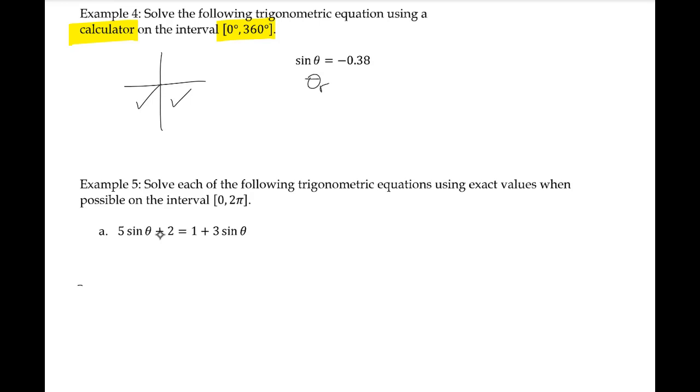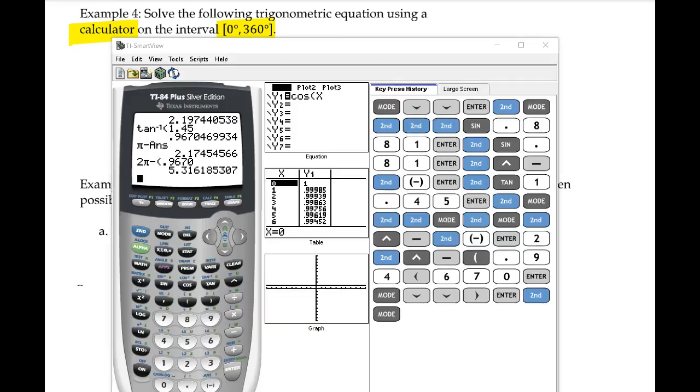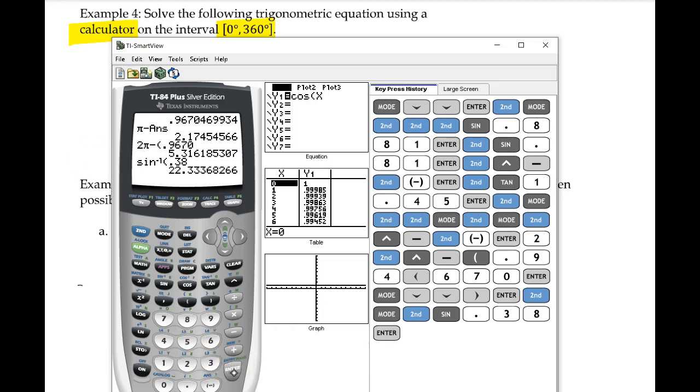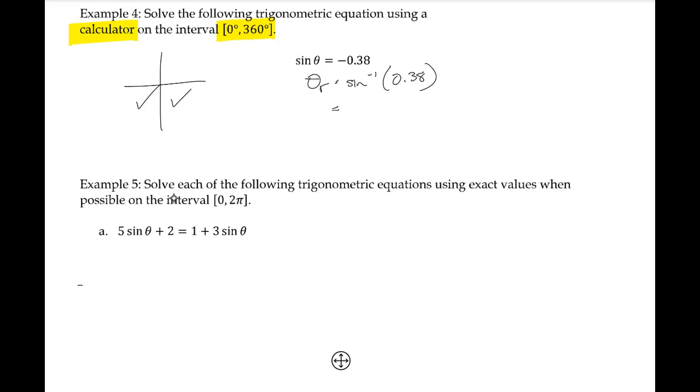To find my reference angle, I'm going to do the sine inverse of just 0.38, ignoring that negative, because that puts it in quadrant 1. And automatically when I get that, I get 22.3337 degrees. Okay, and that's my reference angle.